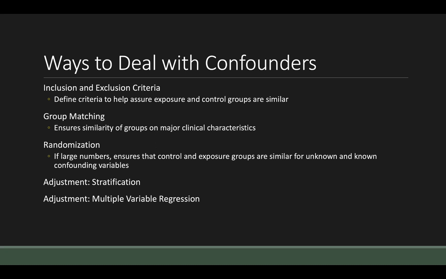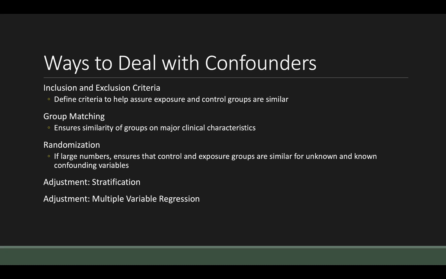But you also want to make sure that you exclude patients who have obvious confounder variables. So if you're looking at aspirin versus placebo in terms of bleeding, you might want to exclude patients who also take Motrin because Motrin by itself can cause bleeding. So you could exclude those patients to limit the number of confounding variables in your study.